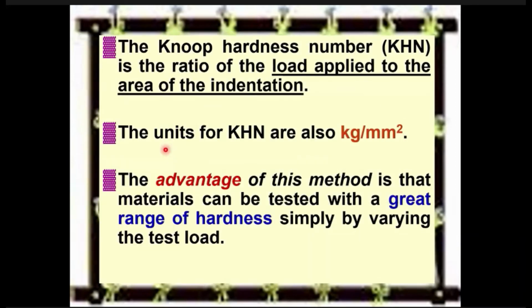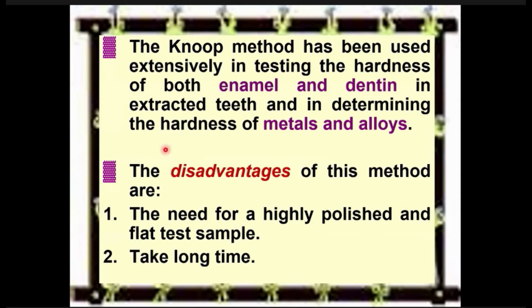Previously in the Brinell method, we used a steel ball, which is not as hard as diamond. Due to the shape of the indenter, this new method has been used extensively for various dental materials, including metals and alloys, enamel and dentine itself.